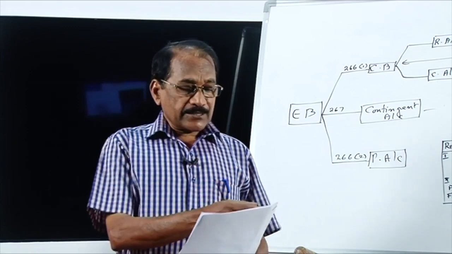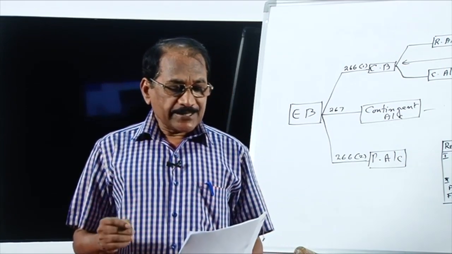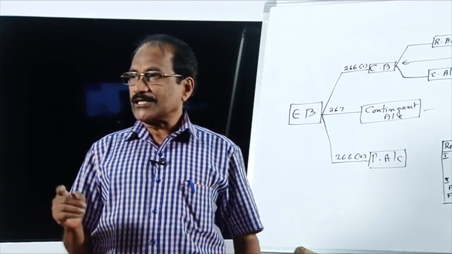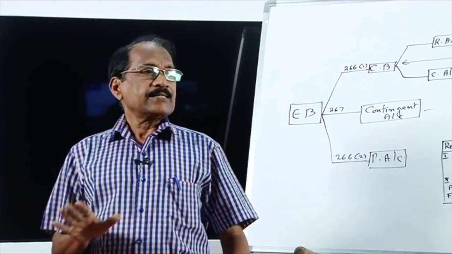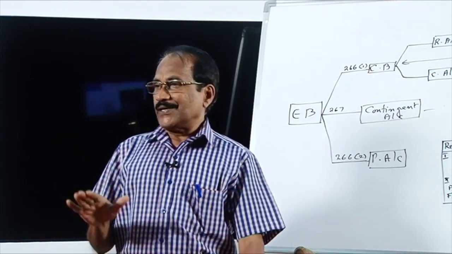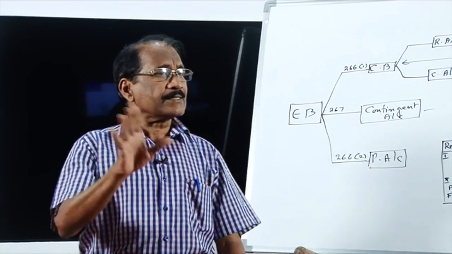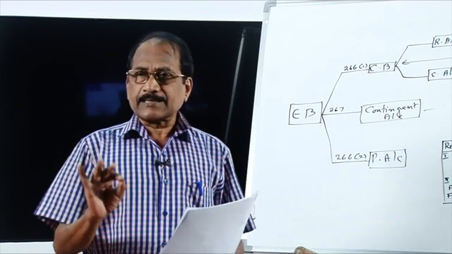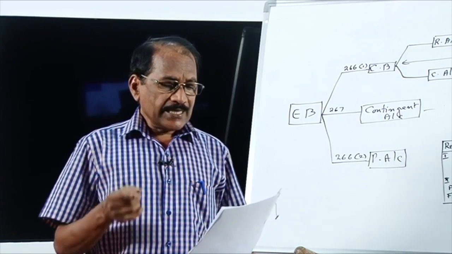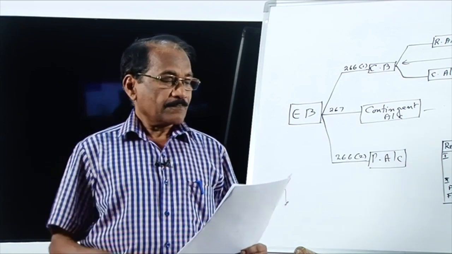The next one: no amount can be withdrawn from the Consolidated Fund of India without authorization of Parliament. That is correct, as we have already seen. But 2 is correct and comes in C as well as D, so wait, take the third one.